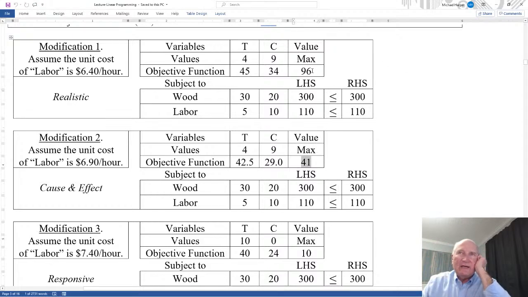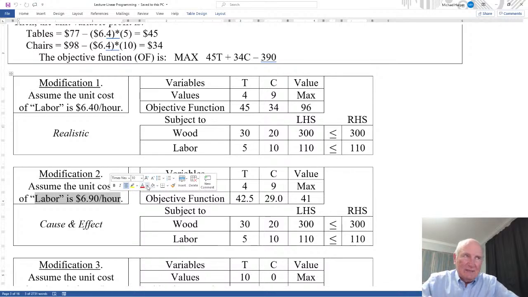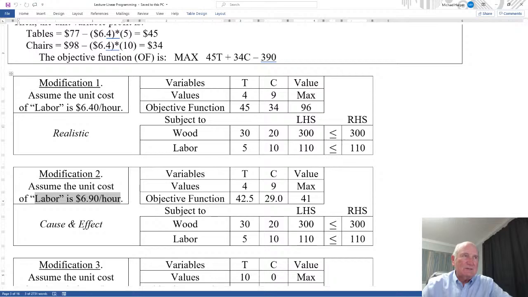So you had a $55 decrease. So the idea here is cause and effect. In other words, if you're going to change the cost of labor, that's a cause. What's going to be the result of that? What's going to happen then? What kinds of things are you going to see within your operations, within your business?